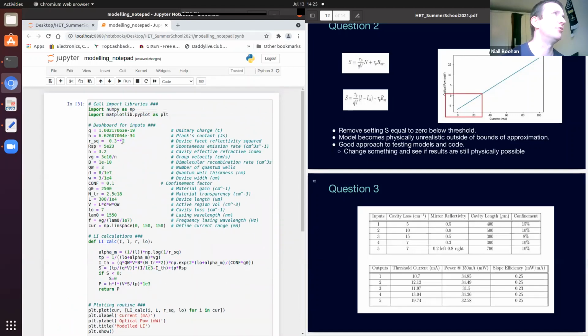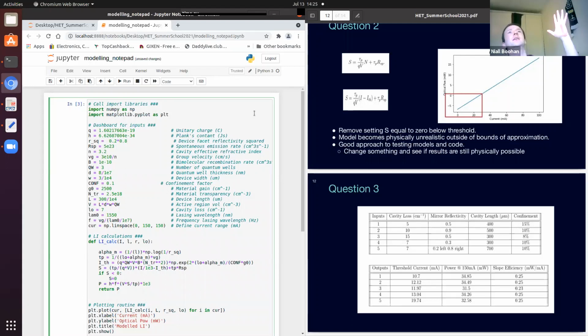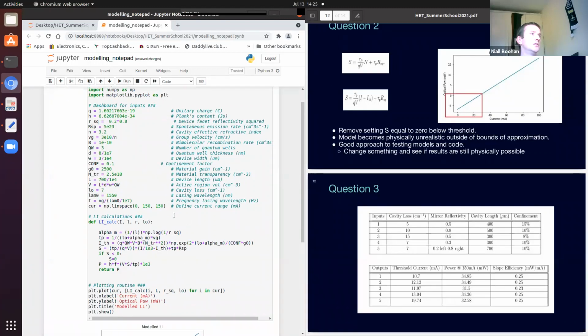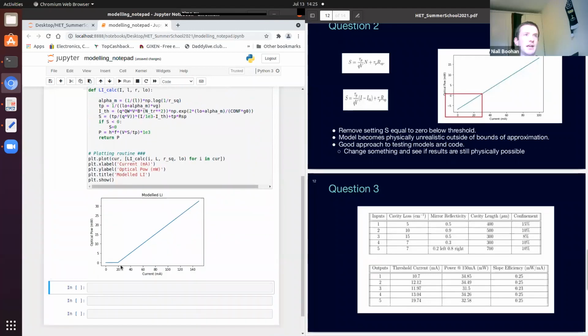So what you had to do is, instead of having 0.3 squared, you had to do 0.2 times 0.8, because it's squared when both your reflectivities are the same, but when they're different, you just need to multiply the two reflectivities. 7 is correct. 0.8, and we put in 700, and we're still 10% confinement. And we get our output results: 19.7 threshold current, 32 milliwatts output power. And again, unfortunately, the same efficiency of 0.25.